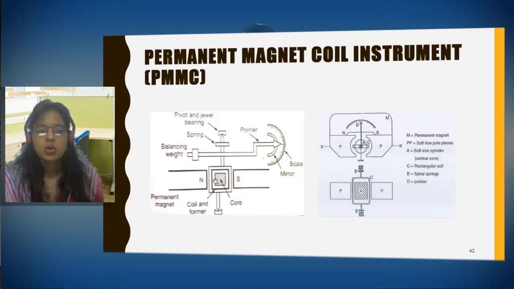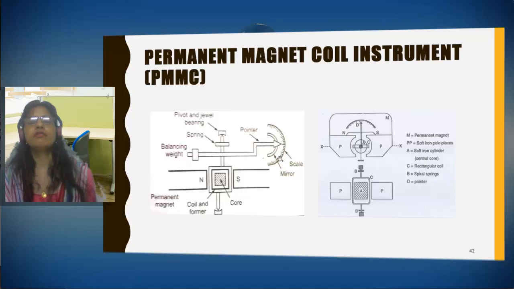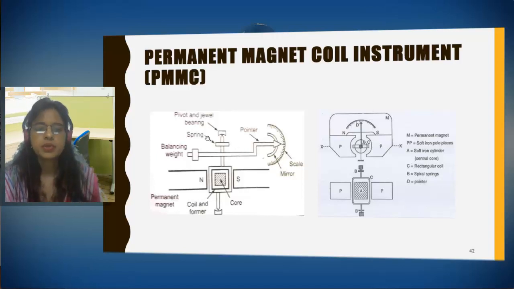Once the coil starts rotating, the spindle rotates, and the pointer connected to the spindle also starts rotating. So this way we will get the deflection. The deflection of the pointer will be controlled by the spring attached to the spindle, and there will be a damping system also which will damp the movement of the pointer.